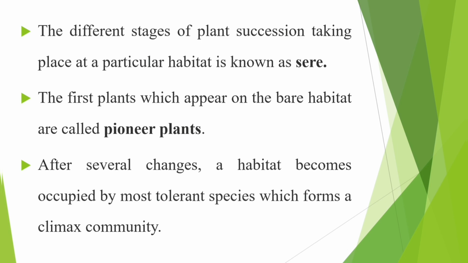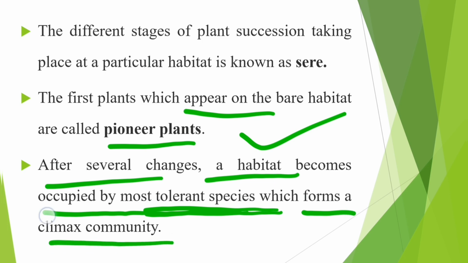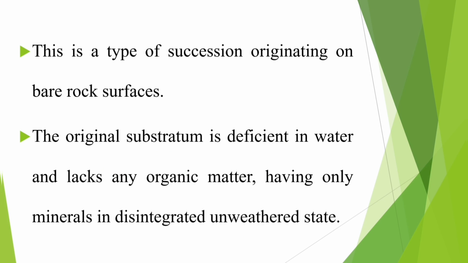Each and every developmental stage is called a sere. The first plant community to appear on a bare habitat is called pioneer plants, or pioneers. After several changes, the habitat becomes occupied by the most tolerant species, which form a climax community, and these are the most stable organisms. This type of succession originates on a bare rock surface.